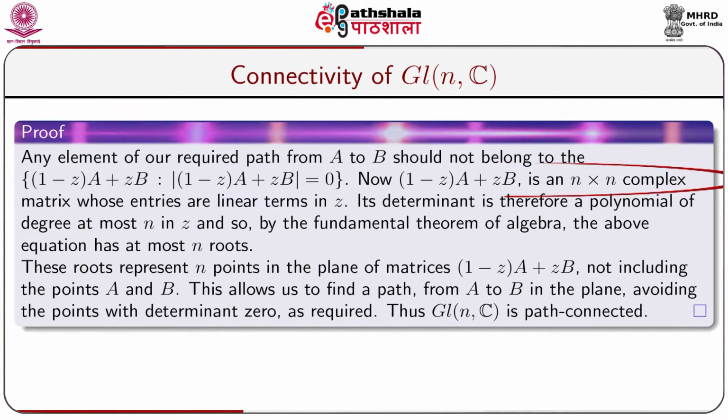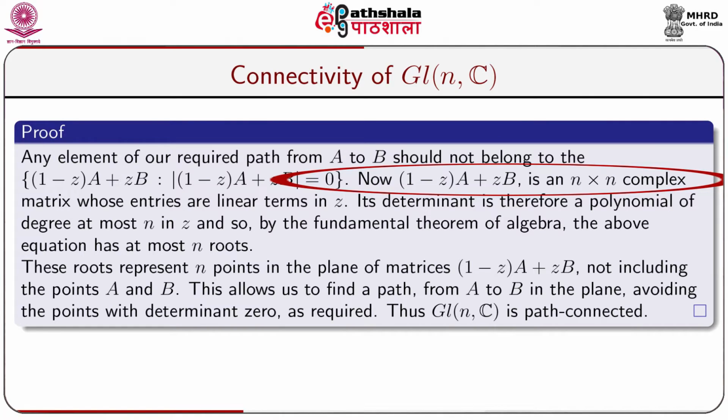But (1 minus z)A plus zB is an n by n complex matrix whose entries are linear in terms of z.